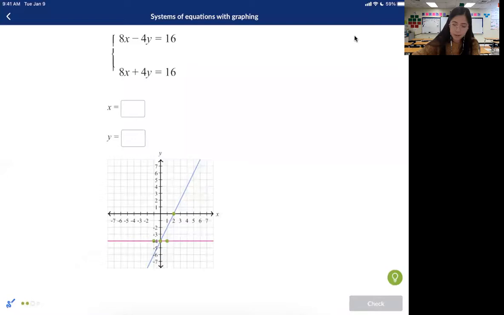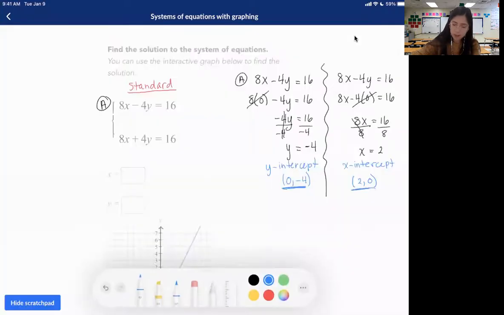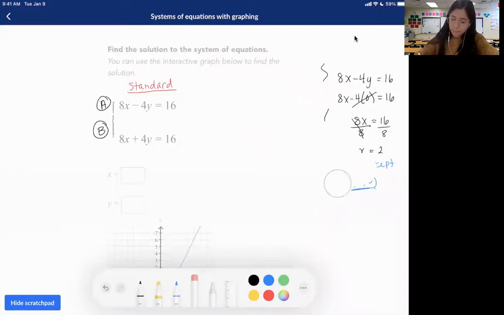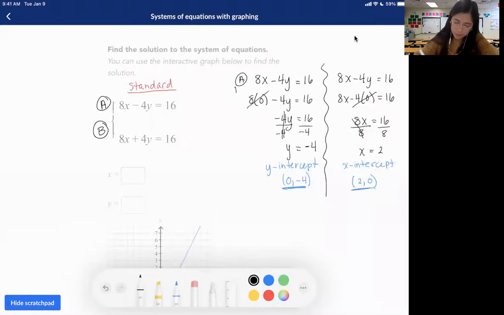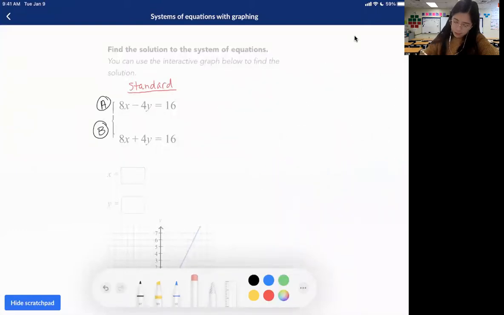Now I'm going to do the same thing with my other graph, with line B, equation B. Same exact strategy. I go ahead, let me erase what I have here. So I'm looking at equation B this time. Ooh, why did that all come back? That was weird. Okay, equation B, 8x plus 4y equals 16.